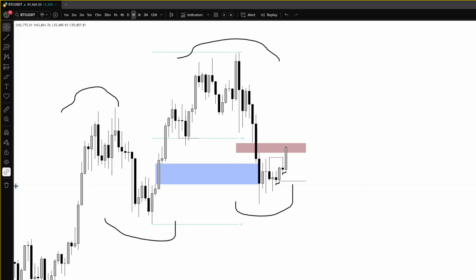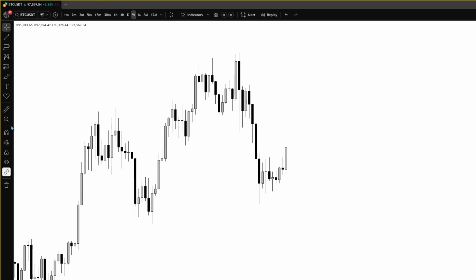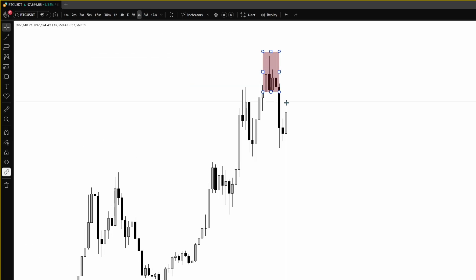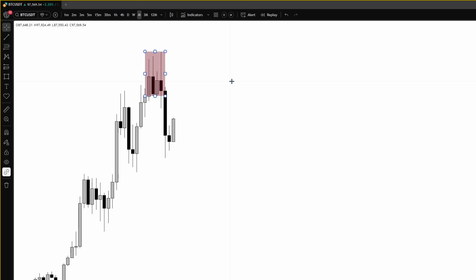So in terms of adding some Power of 3 to this, we can see some accumulation here, which will probably be one of the monthly swing points. If we want to get a little more technical, we can condense it down to these 3 candles.